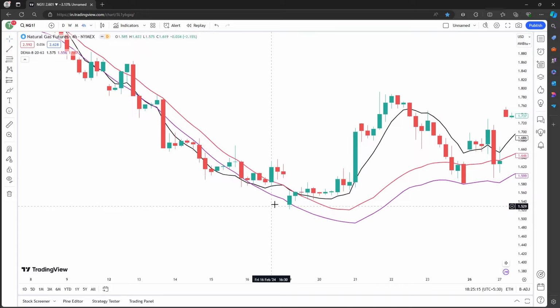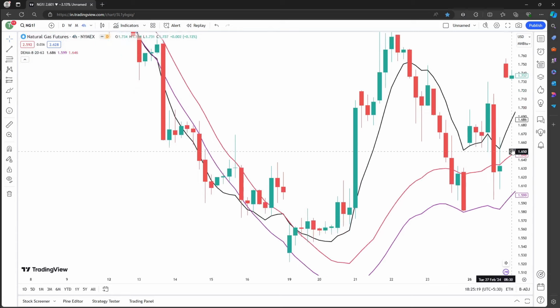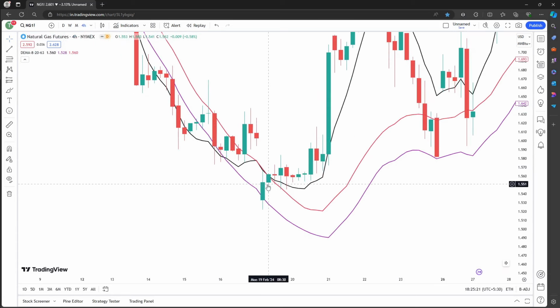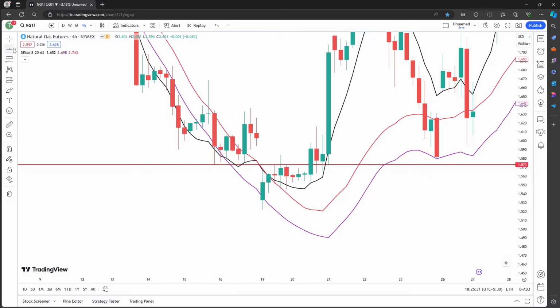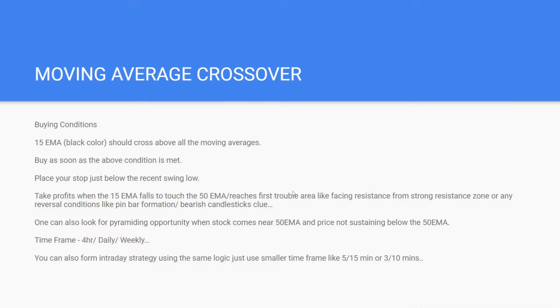Now the 15 is crossed above both the 50 moving averages here, correct? Here you see a crossover, maybe here or here, let's assume here. So I will buy above here, and my stop loss will be the swing low. Buy as soon as the condition is met.